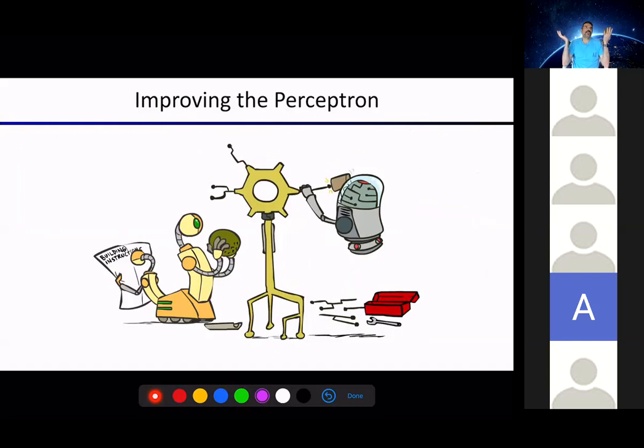And activations are not probabilities, they are values, right? So you can think about the perceptron as a non-probabilistic approach. It's not a probabilistic model.